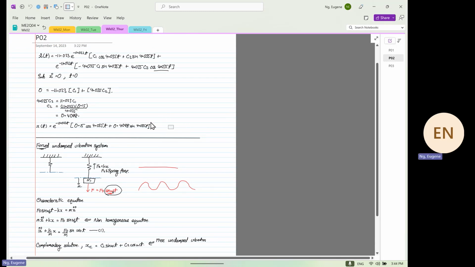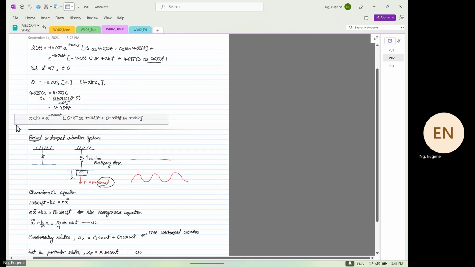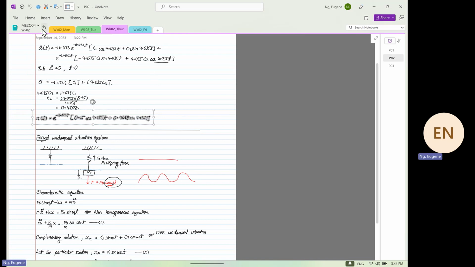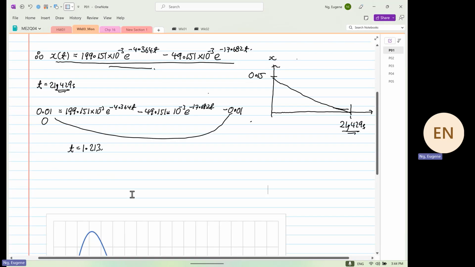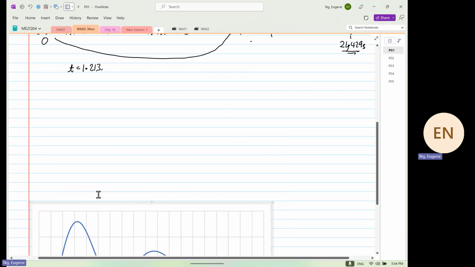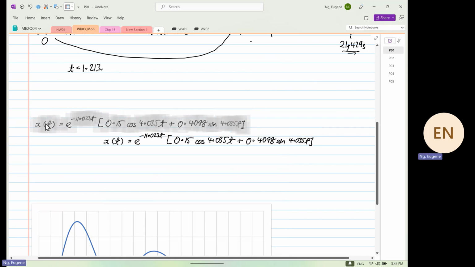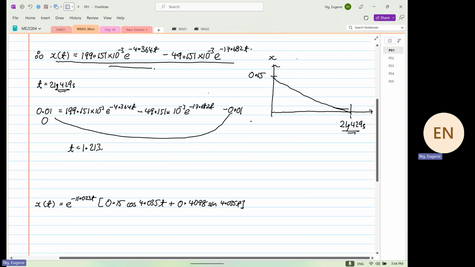I asked all of you to solve for this equation. Again, my fault. I did not solve this equation yet, and I asked you to do it, and I feel so bad.